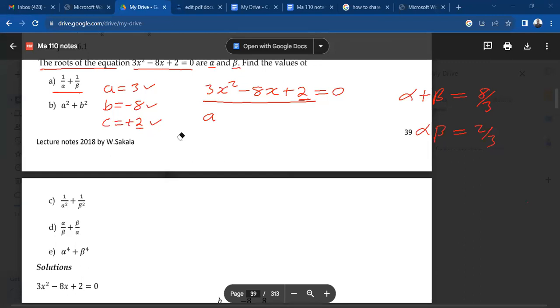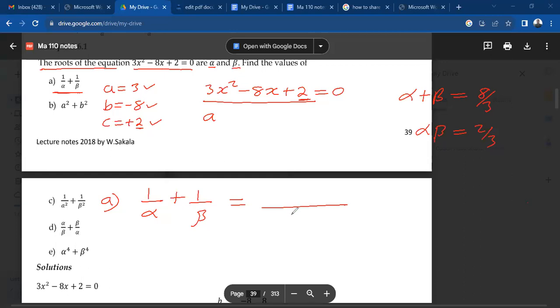The first question is 1 over alpha plus 1 over beta. So they want you to find the value of 1 over alpha plus 1 over beta. What you do is you make it a single fraction.